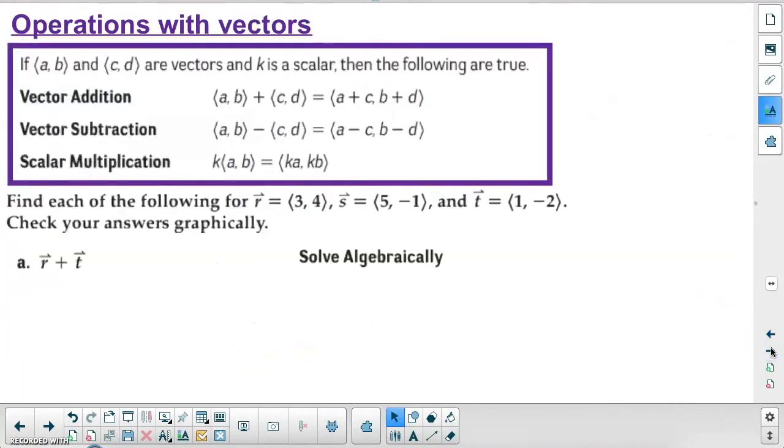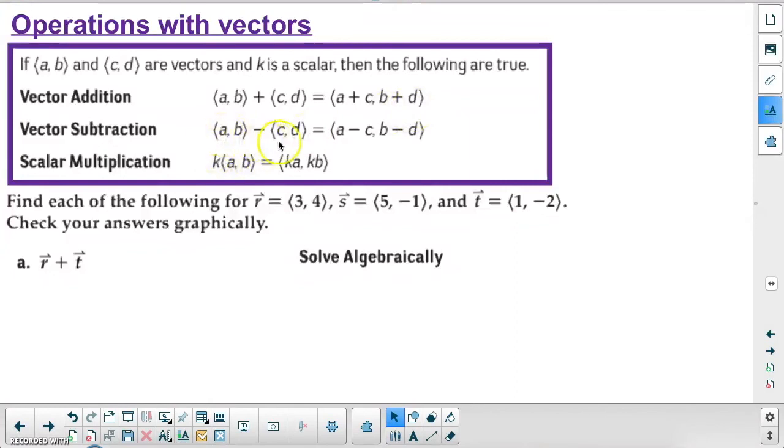Next, we're going to take a look at operations with vectors. We have some basic properties of vector addition, subtraction, and scalar multiplication. If we are adding two vectors together, we're really just adding the x components and y components together. So AB plus CD is A plus C and B plus D. The same with subtraction.